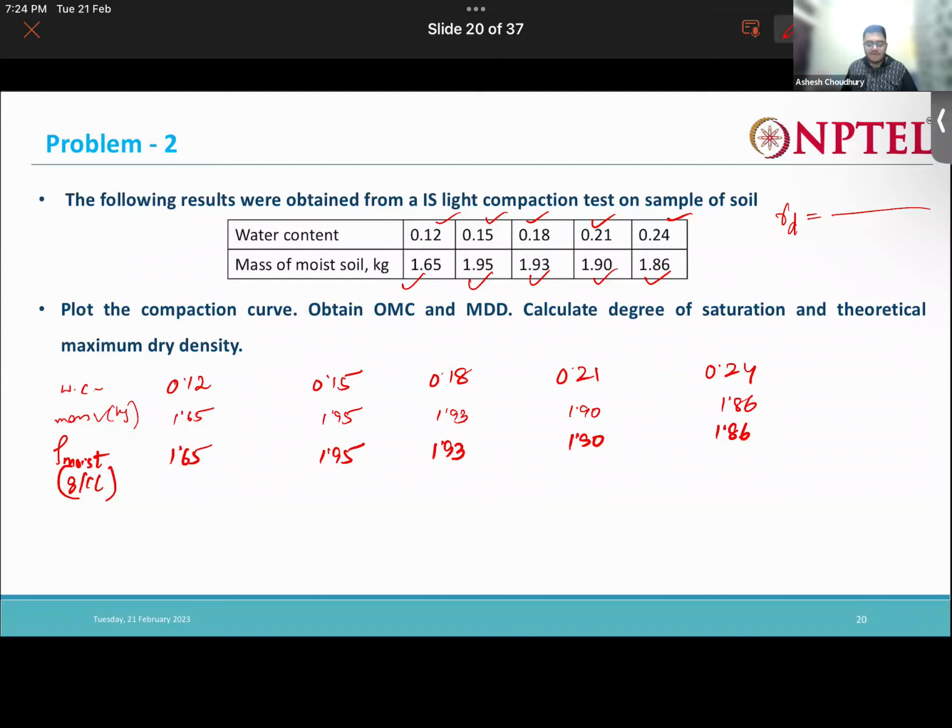But here we will use this relation: dry density is equal to the moist density divided by 1 plus water content. So please calculate the dry densities. 1.65 divided by 1 plus 0.12.